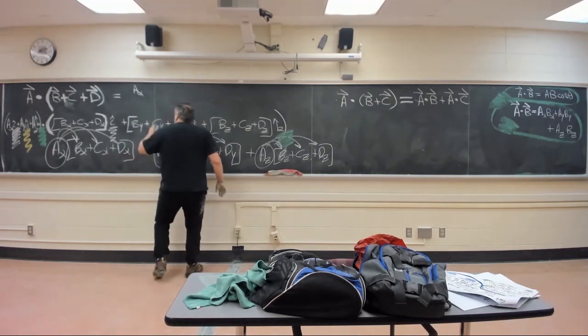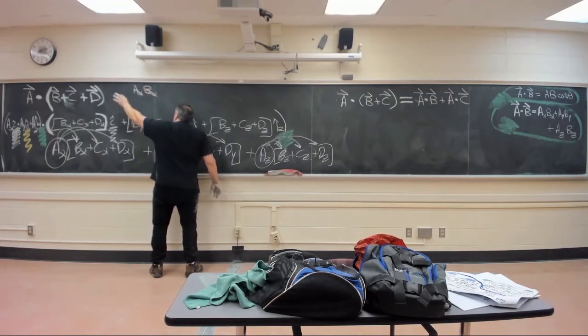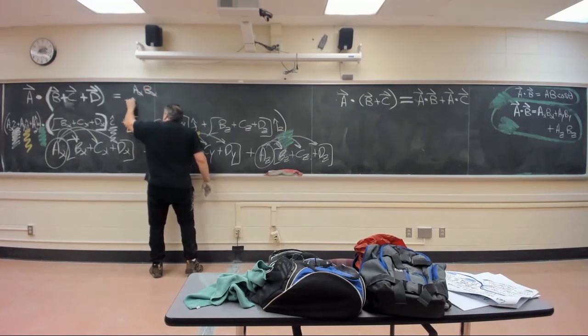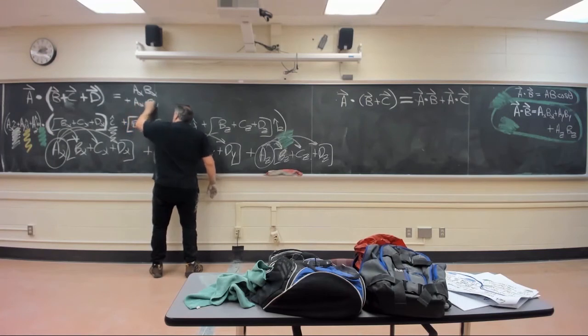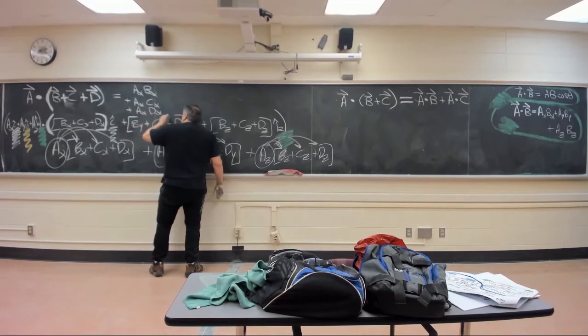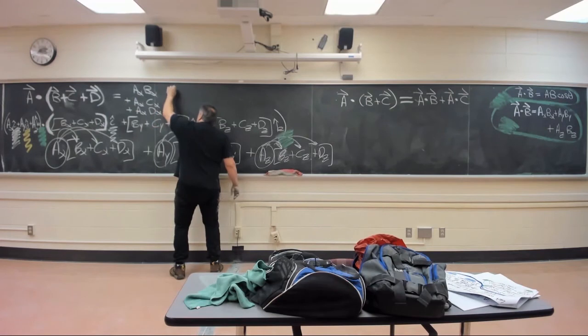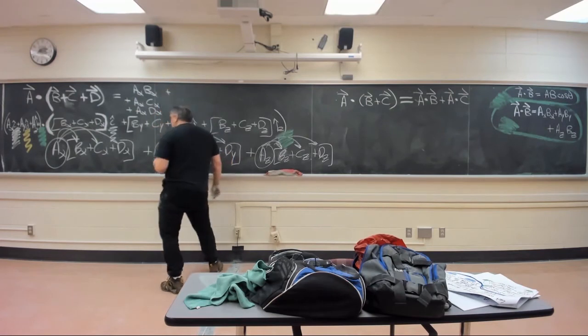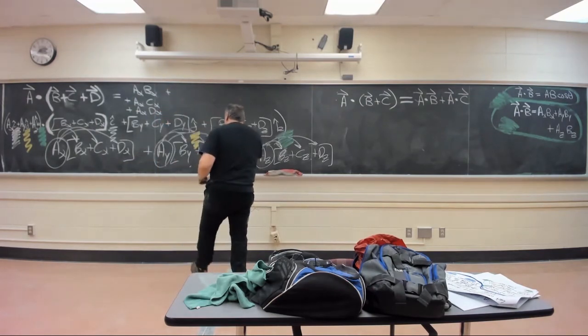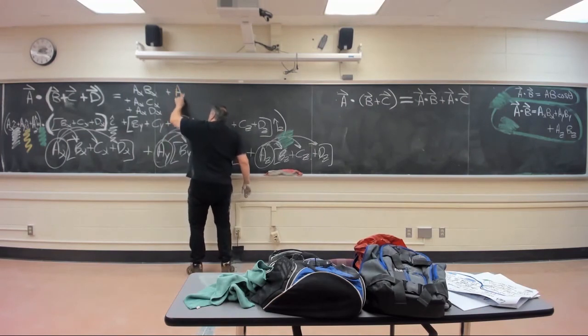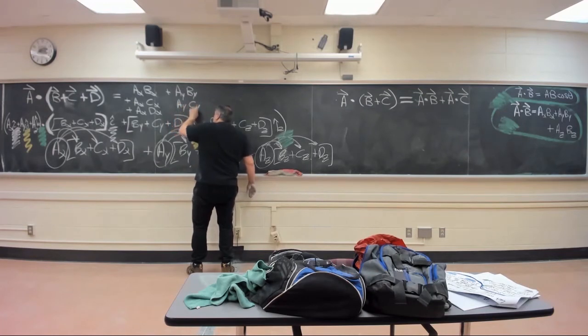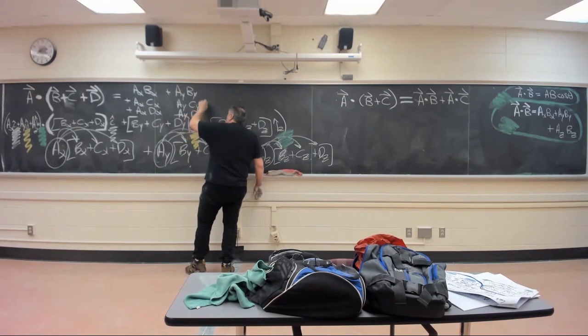AX, you're going to have AX BX plus AX CX plus AX DX. You'll see what I'm doing in a second here. Then you're going to have AY BY, AY CY, and AY DY.